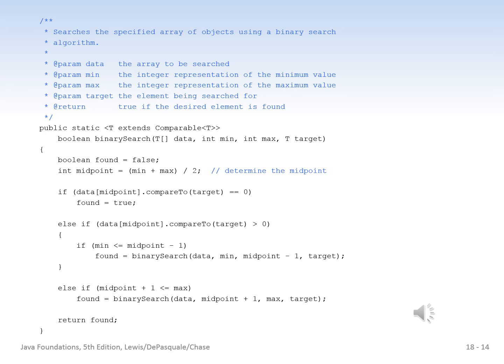Else, if midpoint plus 1 is less than or equal to max, found equals binary search. So here's the recursive call again. We call it data, midpoint plus 1 to max, target. Let's see this in action.